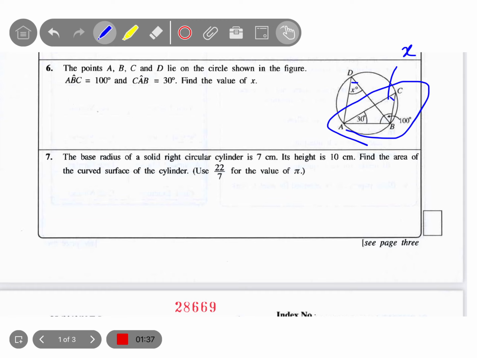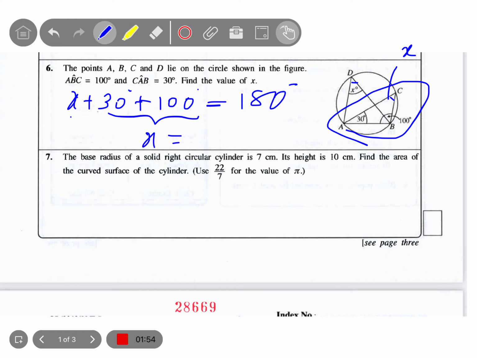So then x plus the other angle in the triangle, 30, then adding 100, should equal 180. Now this is 130, then x should be 180 minus 130, which is 50 degrees. Pretty simple, right? So there are other theorems as well.